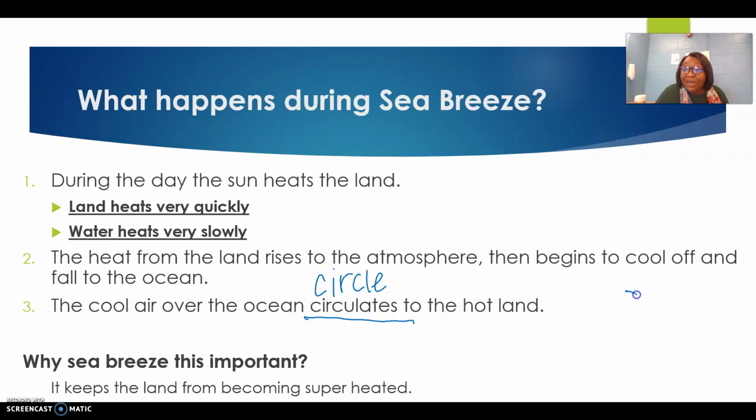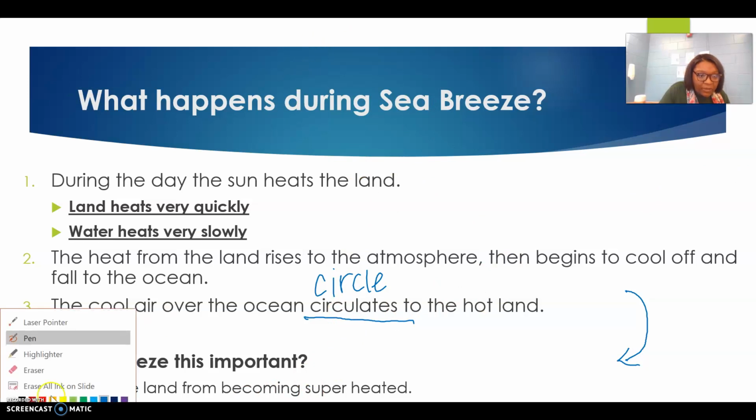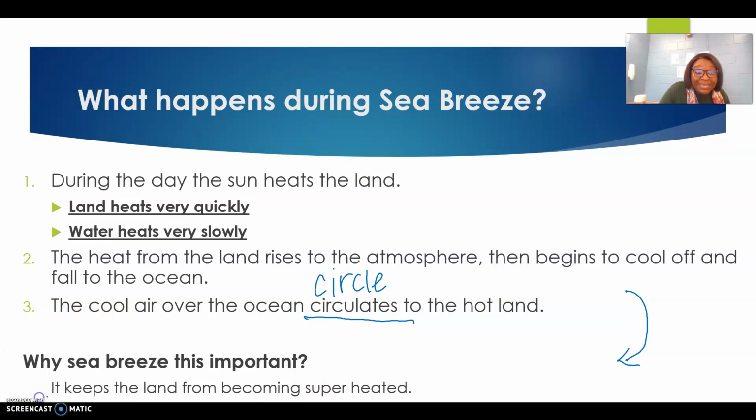Well, that's because circulation happens in a cycle or in the form of, look at this, y'all, a circle. Yeah, this is circulation, okay?